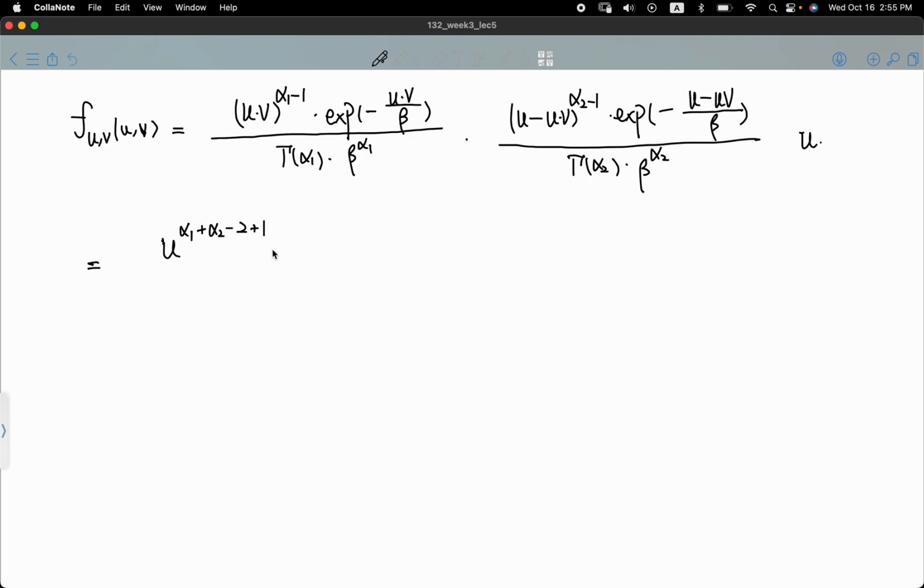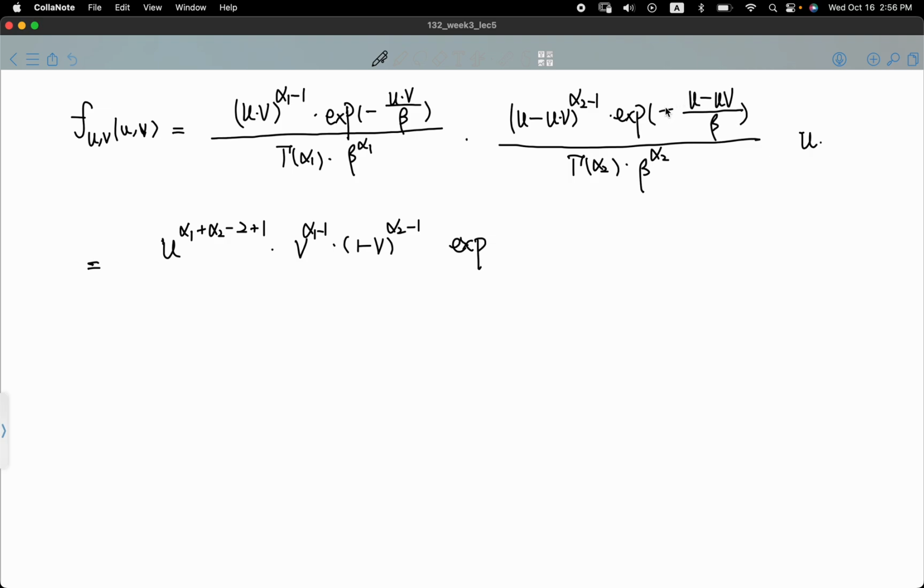Now let's talk about v. So from here we have v to the power of alpha 1 minus 1. Here we have 1 minus v, so 1 minus v to the power of alpha 2 minus 1. And yes, I think that should conclude all the v terms. And then we're going to group the exponential here. So exponential, here we have negative uv over beta.